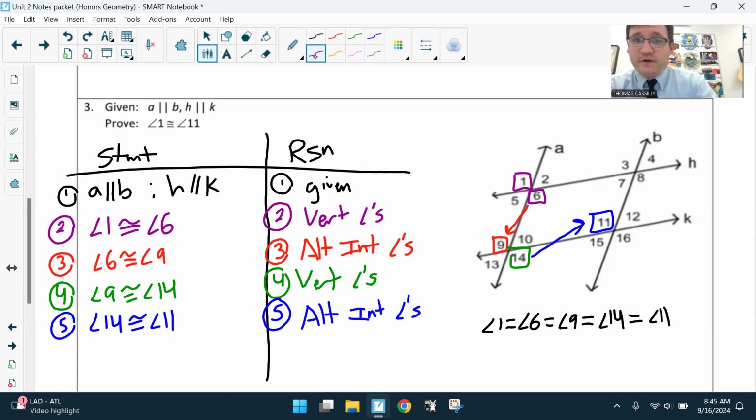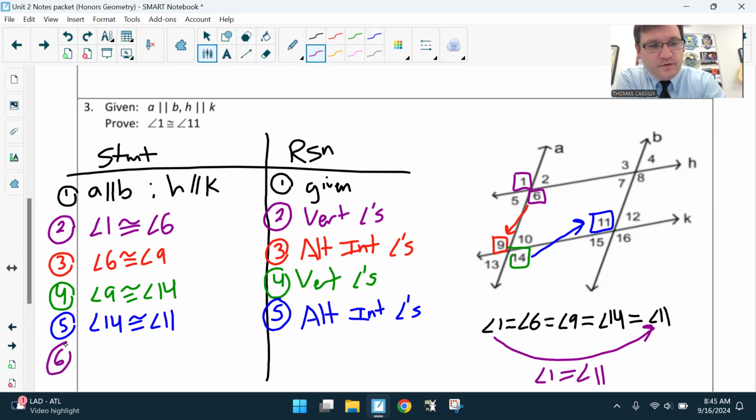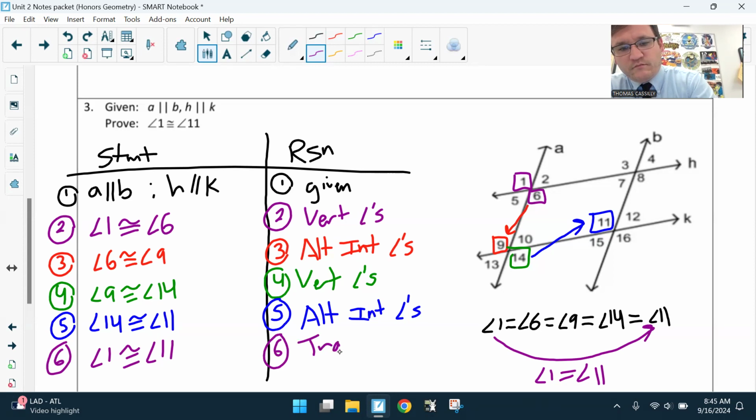Since these are all equal to each other, we can connect the first one with the last one. So we can finish this off with a 6th step, and we can say angle 1 is congruent to angle 11. Why do we know that? We know that from the transitive property. All right. That one is finished.